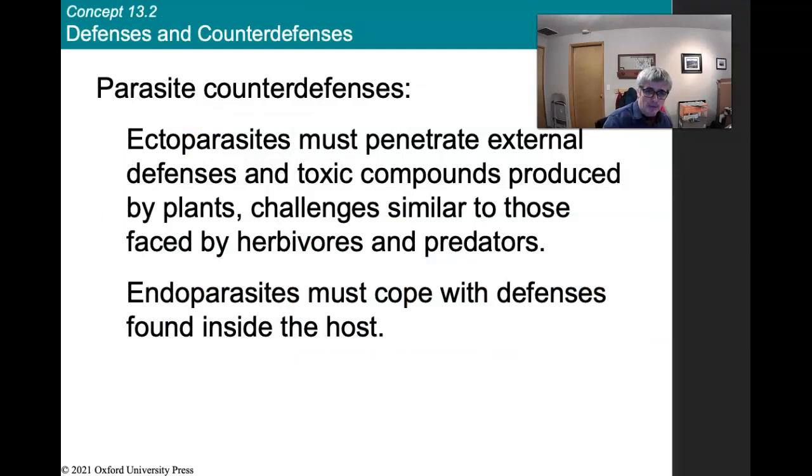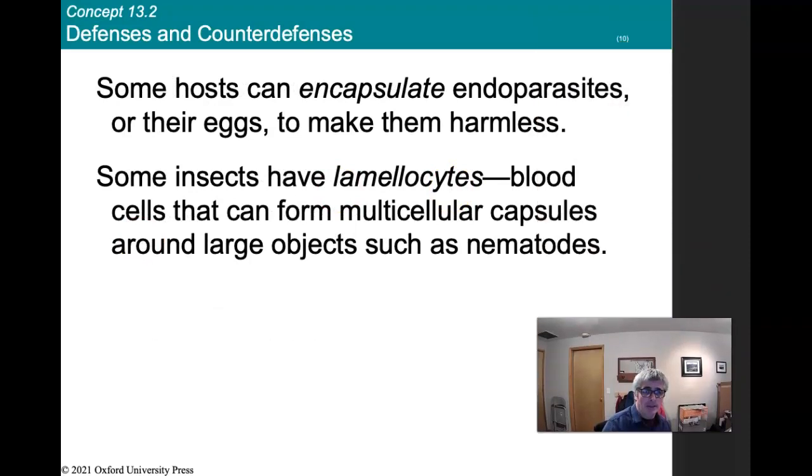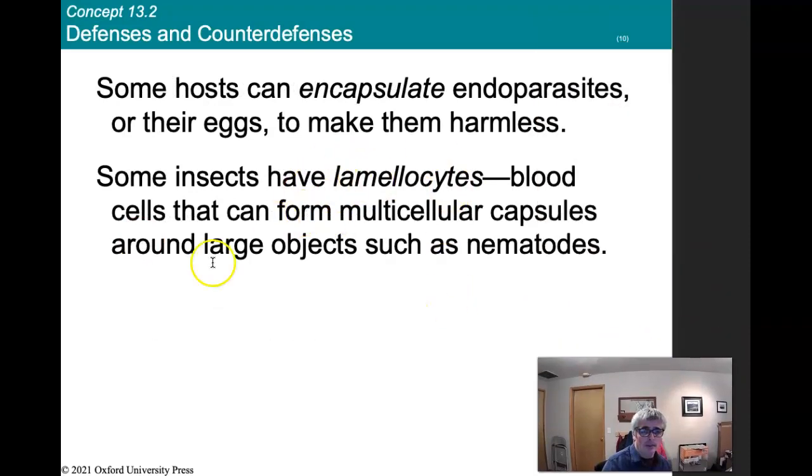Parasite counter defenses. Ectoparasites must penetrate external defenses and toxic compounds produced by plants, challenges similar to those faced by herbivores and predators. Endoparasites must cope with defenses inside the host. Some hosts can encapsulate endoparasites and their eggs and make them harmless.